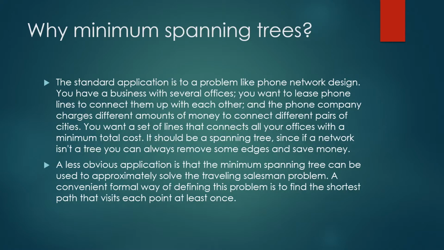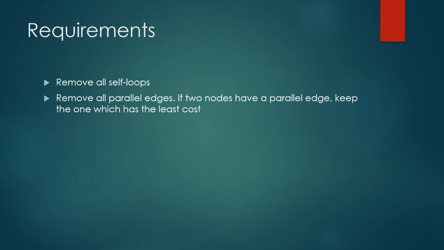And a less obvious application is to use it for the famous traveling salesman problem. There are a couple requirements that you have to check for with your graph before you actually use this algorithm. One is you cannot have self loops, meaning if you have a vertex, it can't have an edge to itself.